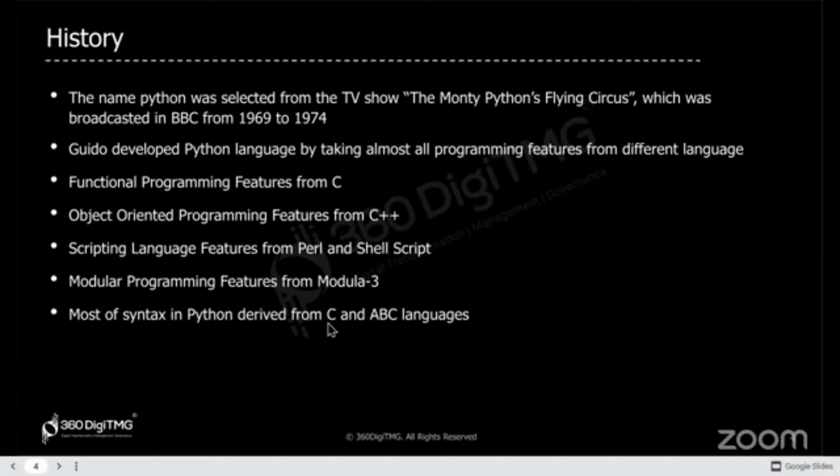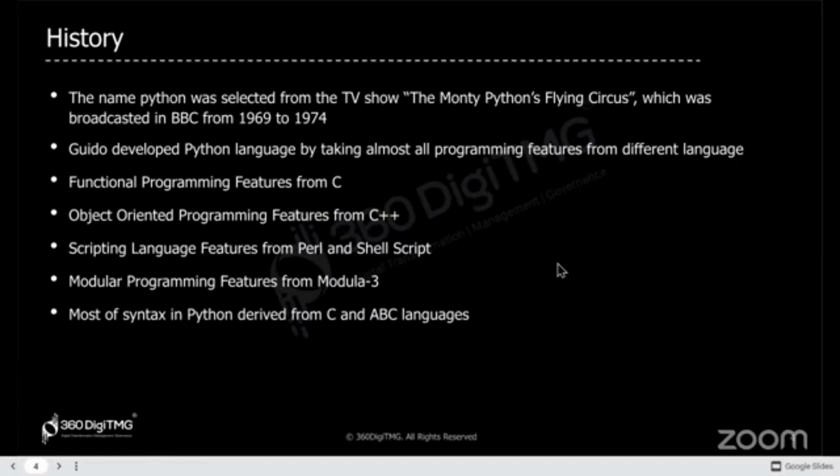Okay, so a lot of languages were taken into consideration. The best programming features of each of these languages were taken, and Python was born. Okay, Python was created. So maybe that is the reason it is so popular.